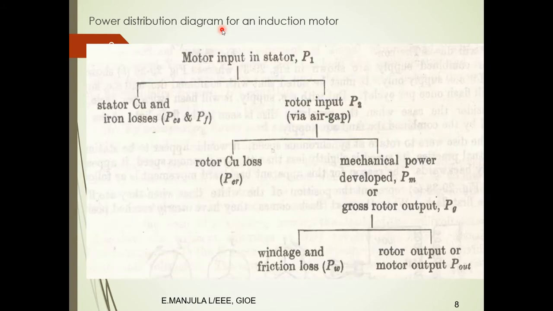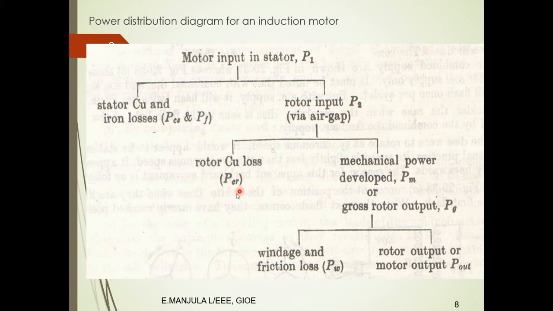So this is the power distribution diagram for the induction motor. The same diagram, but here we have to follow some notations. PCS is the stator copper losses, PF or PI is the iron losses. The rotor input, that is P2, is the air gap power. Then the rotor copper losses is PCR.